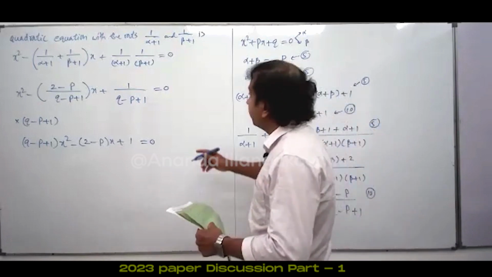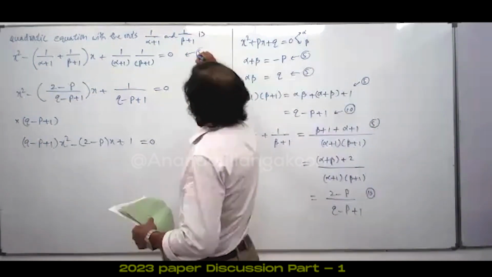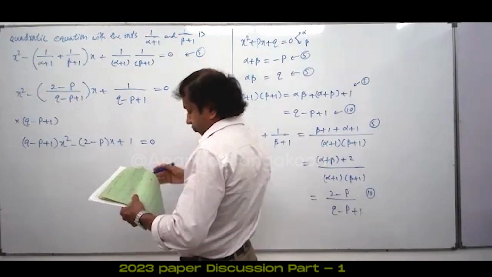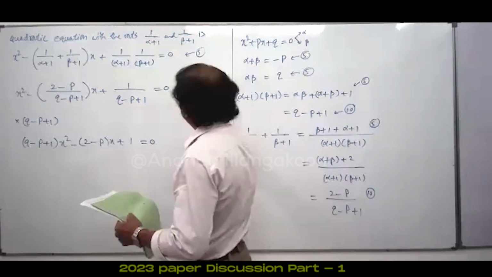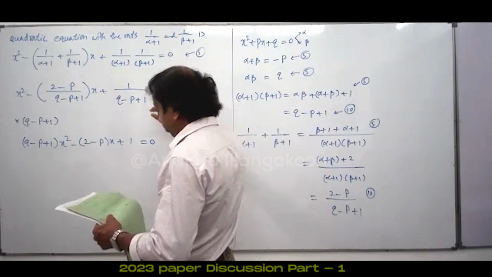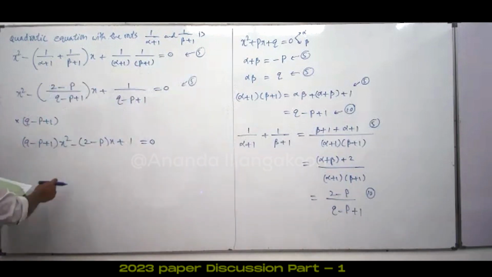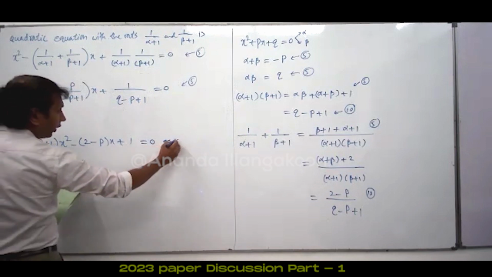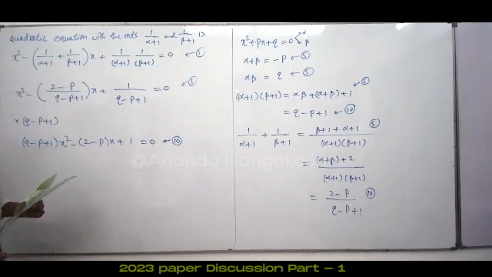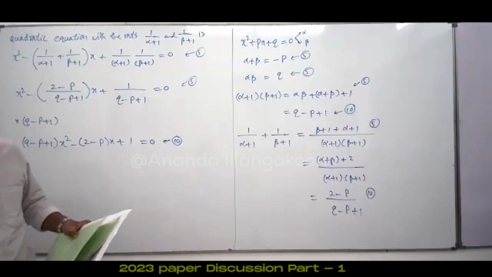Then for this step we get 5 marks, substituting, getting this one 5 marks, and multiplying, getting this finally 10 marks, right?